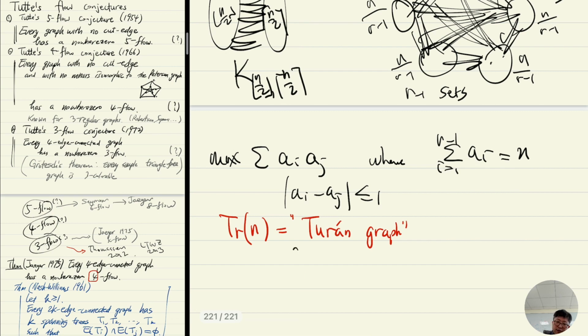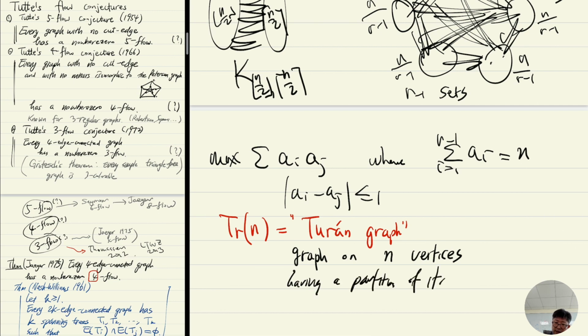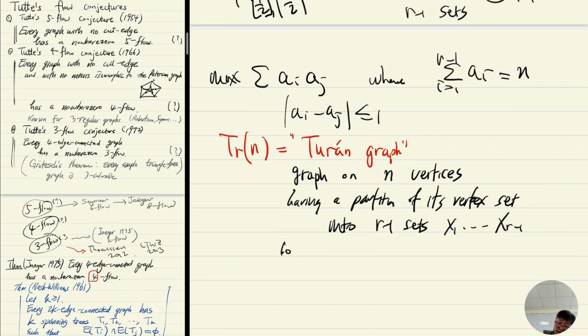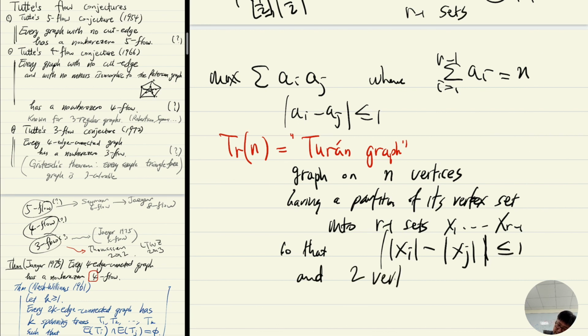Okay, so this is a graph on n vertices, having a partition of its vertex set into r minus 1 sets, x1 up to xr minus 1, so that the difference between sizes of distinct xi, xj is at most 1, and 2 vertices in distinct xi, xj are adjacent.